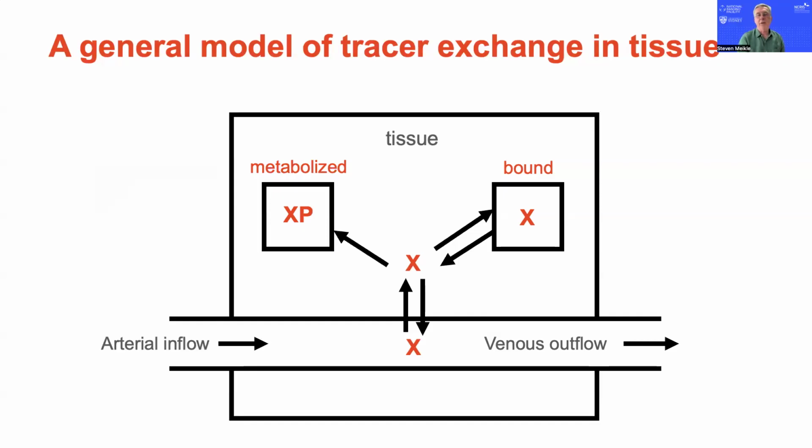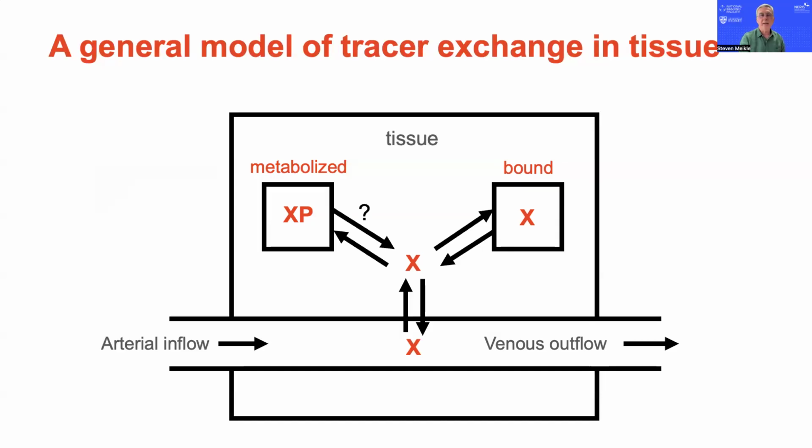The other thing that can happen, of course, is that the tracer can become metabolized, which means that it changes chemical form in some way. So I've indicated that by this different moiety XP now. So I've still got the radiolabel attached, but it's a different chemical species. And that could potentially also be reversible.